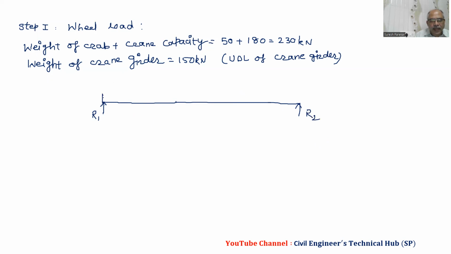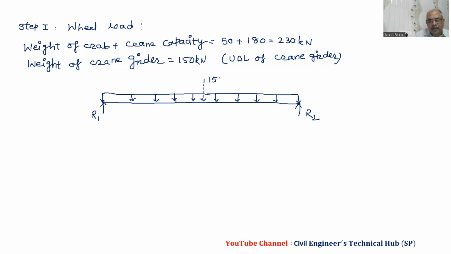We have to find maximum reaction R1, and when we find maximum reaction R1, we have to keep crab load and lifted load or crane capacity at hook approach. Keeping this at hook approach, we will get the value of R1 that will be maximum, which gives us maximum shear force and maximum bending moment. We have to always go for the critical value in analysis.